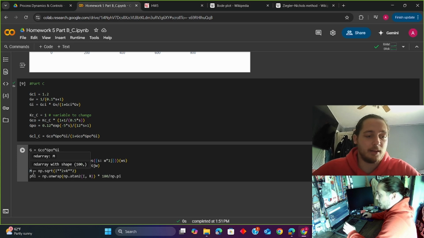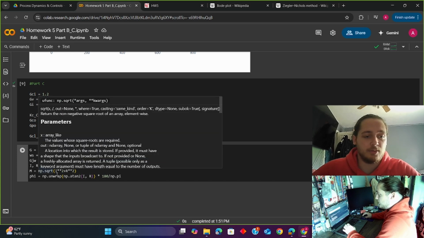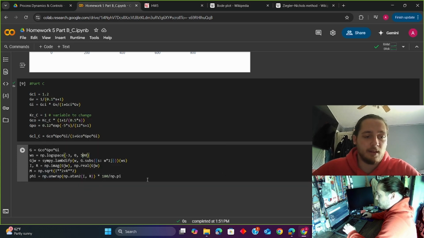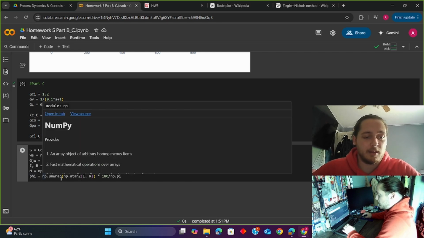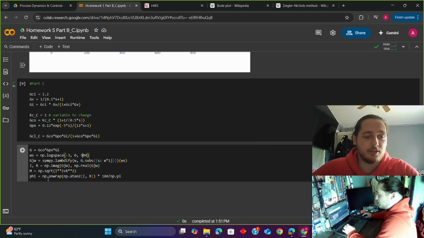And then again, our magnitude ratio m is going to be equal to the square root of I squared plus R squared. And for our phase angle, we are going to be using np.unwrap and then arctangent of I and R. And again, we need to multiply this by 180 over pi in order to translate this into degrees instead of radians.